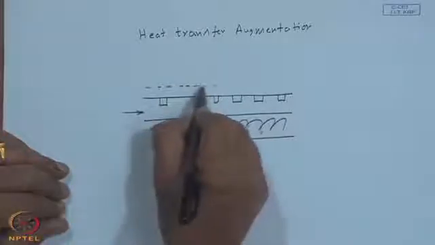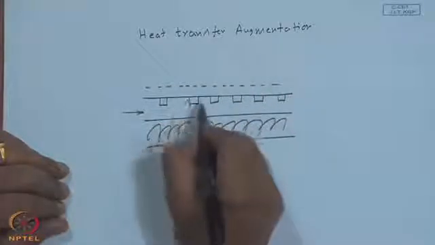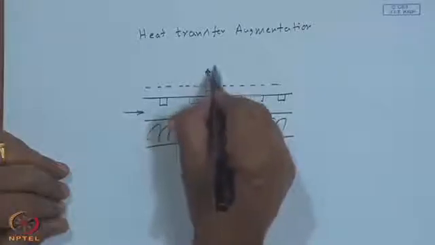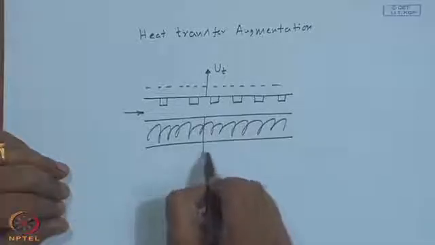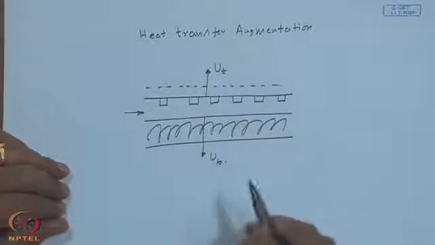And of course, to suppress the convective and radiative losses, you have a glass cover. This will be your U t and this will be your U p.